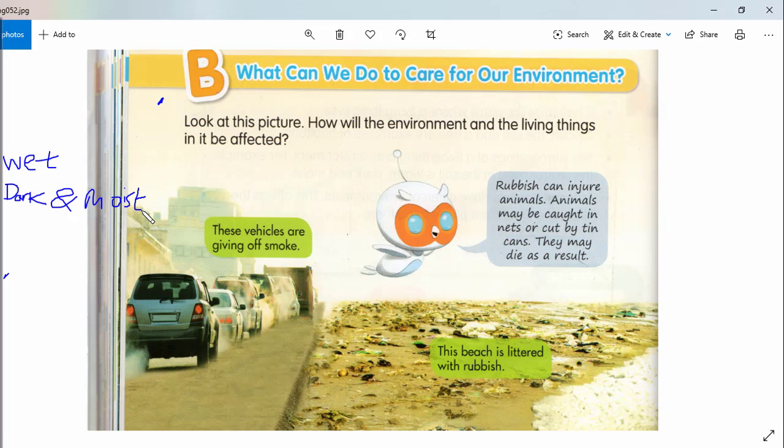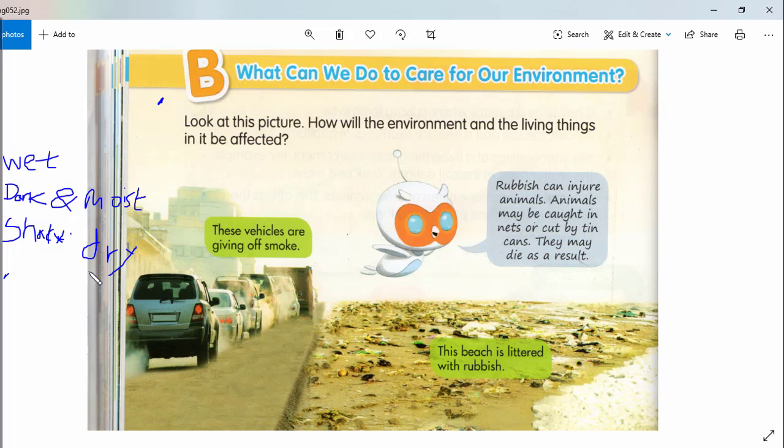Then what else? Shady and dry environment.